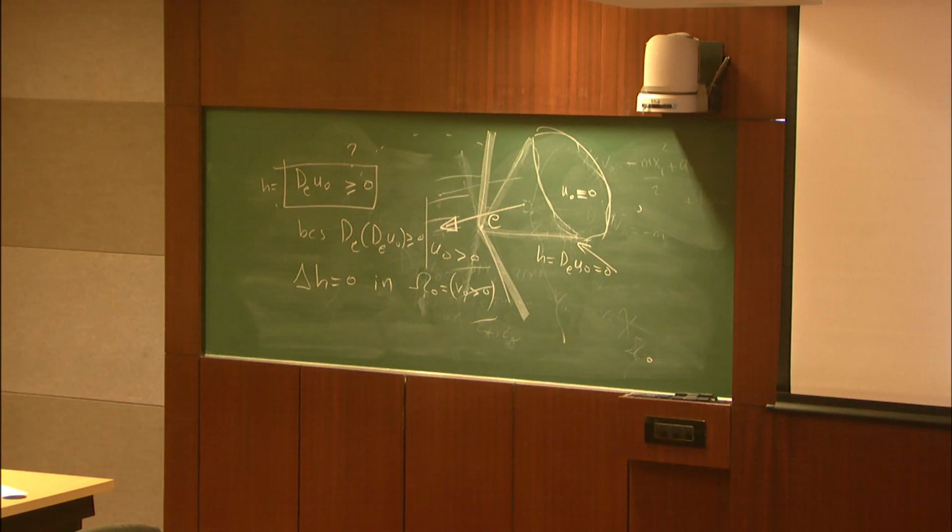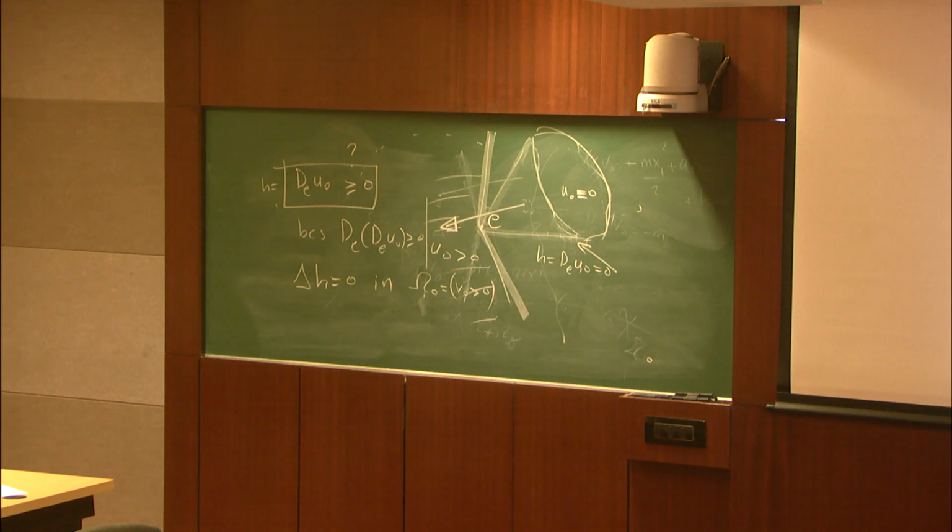So here you have that Laplacian of h is 0. h is 0 on this boundary. h is that function there. And h is non-negative. There's one more thing we know here. That U0 is C^{1,1}. So h is C^{0,1}.